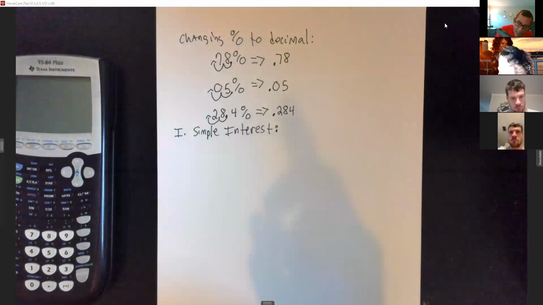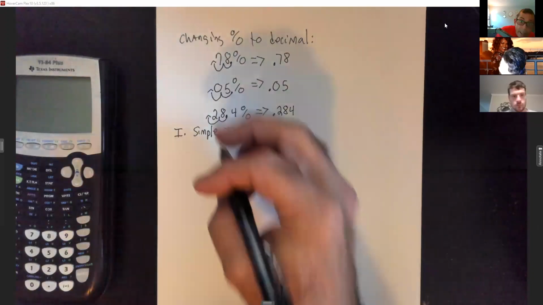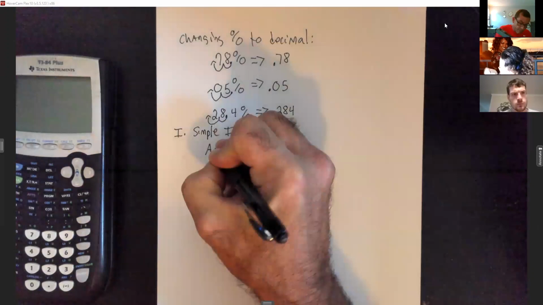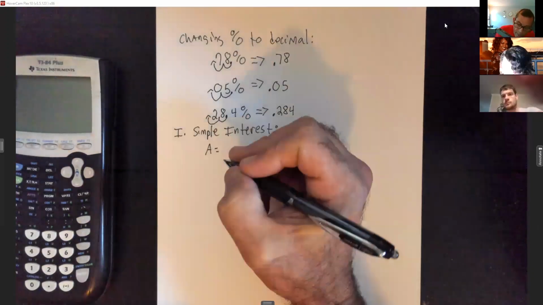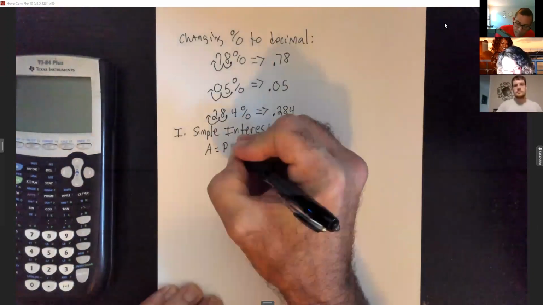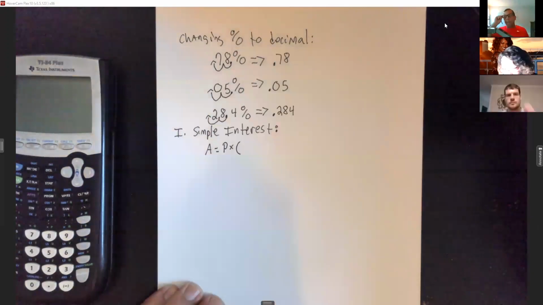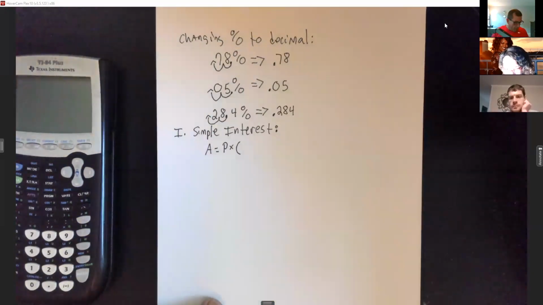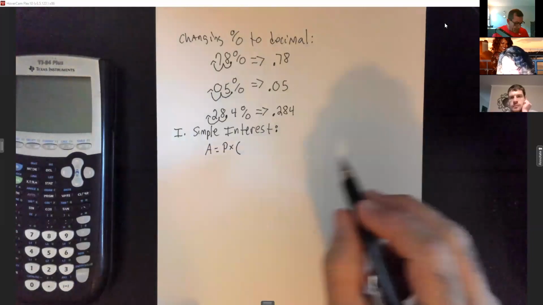So the formula we got for that is A equals P times parentheses. Now, I'll tell you what all the letters mean in just a second.